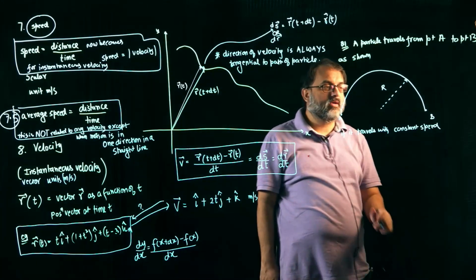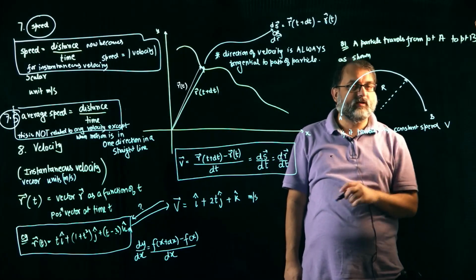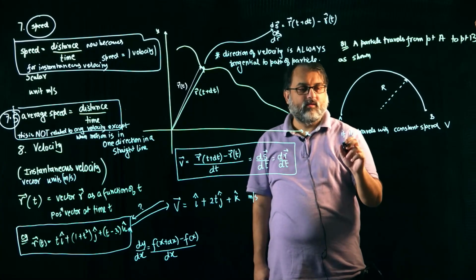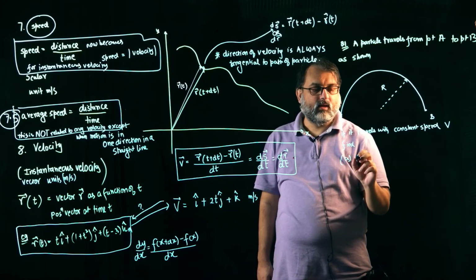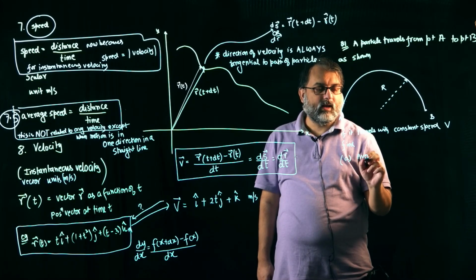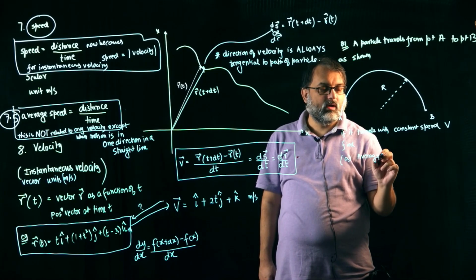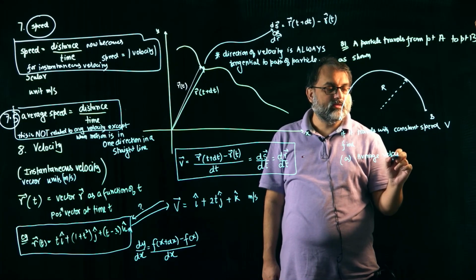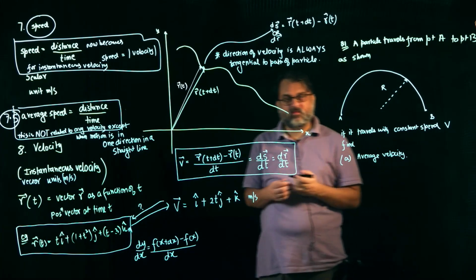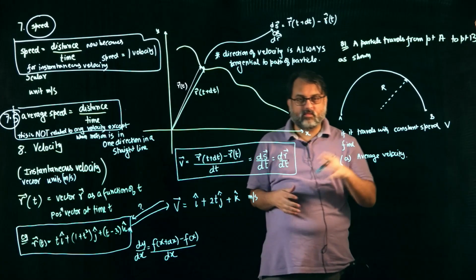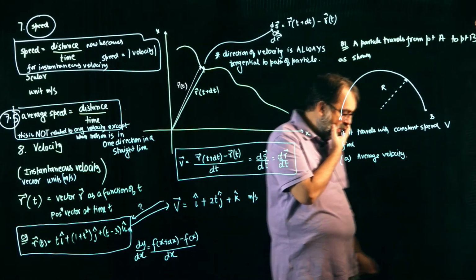If it travels with constant speed v, find average velocity. Okay. So find average velocity and then I will tell you the second part.